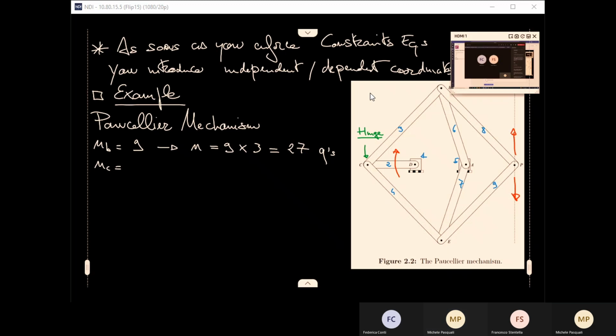So here I have 2 in terms of count of constraints. Here I have 4, right?